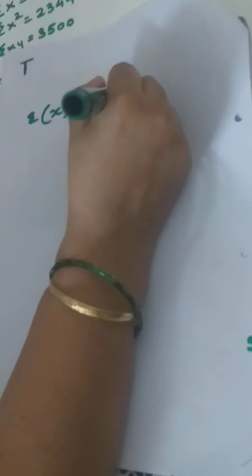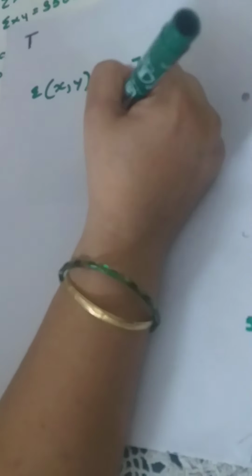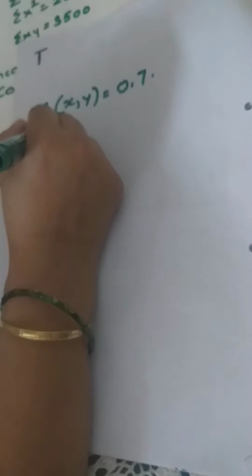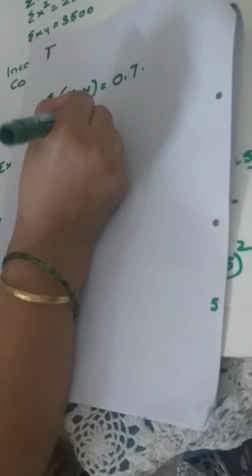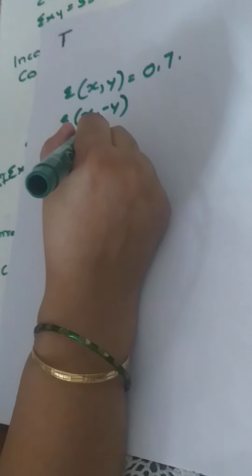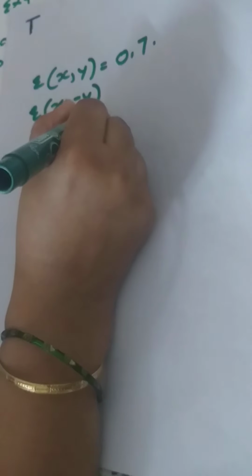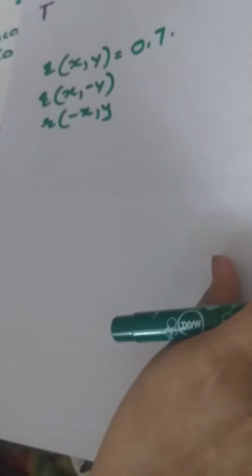Now children, in certain types of sums, you are given a value of the correlation coefficient as 0.7, and the question asked is, what is the value of R x comma minus y? You are also asked the value of R minus x comma y, and so on.